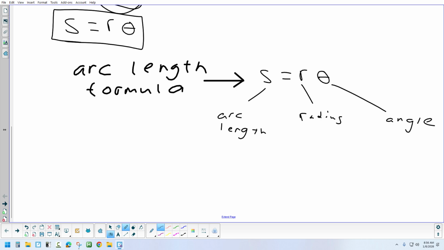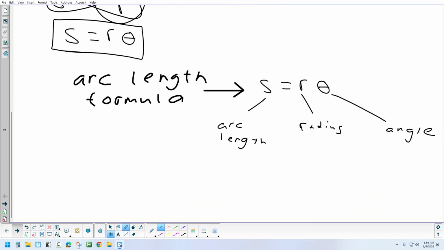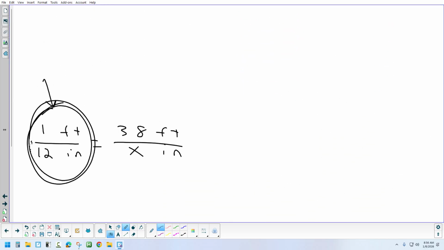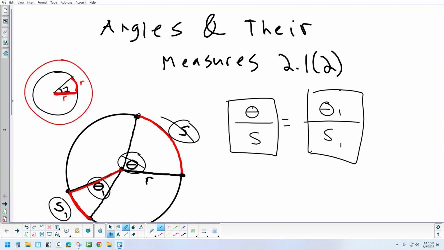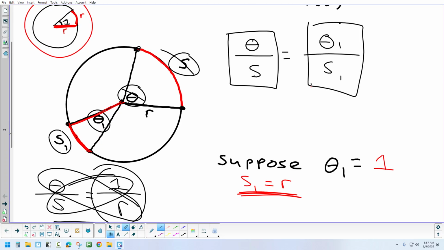Now, we do have to be careful with the angle because there is something we assumed about it when we made this entire proportion. Just like in this proportion, we made some assumptions. We assumed that you want to work with feet and inches. If you want to work with centimeters, that's not the proportion to use. It doesn't have centimeters in it. What unit did we assume about our angle?